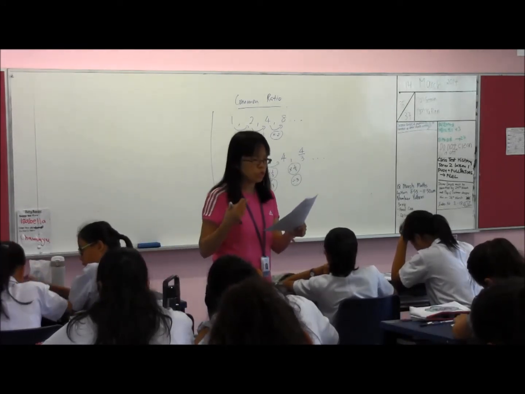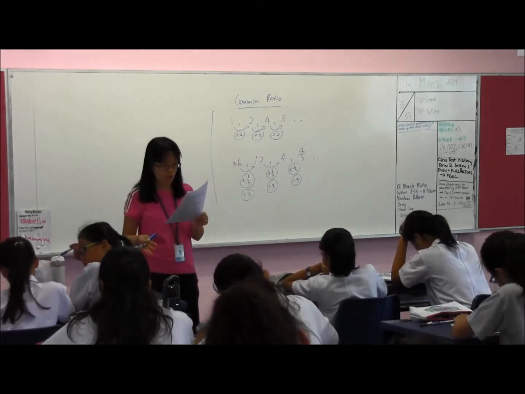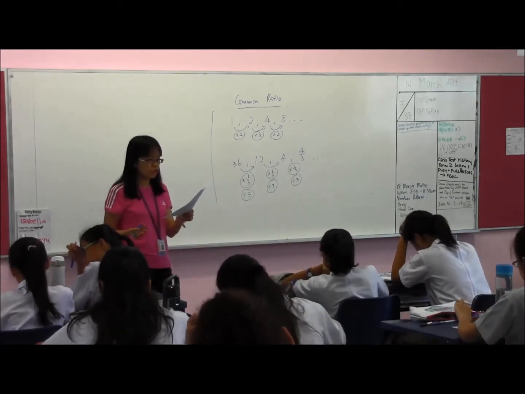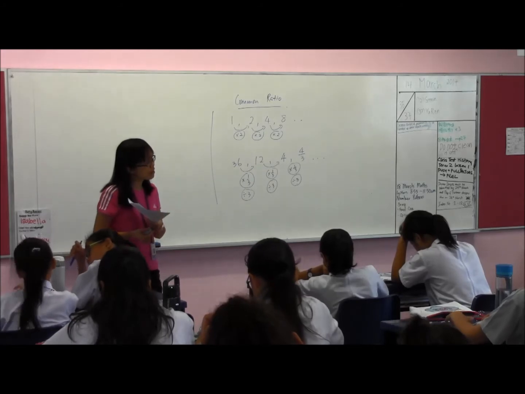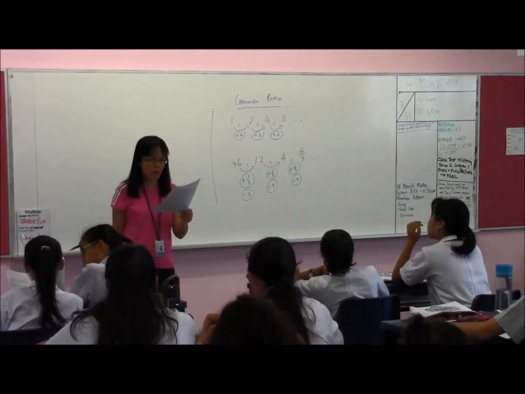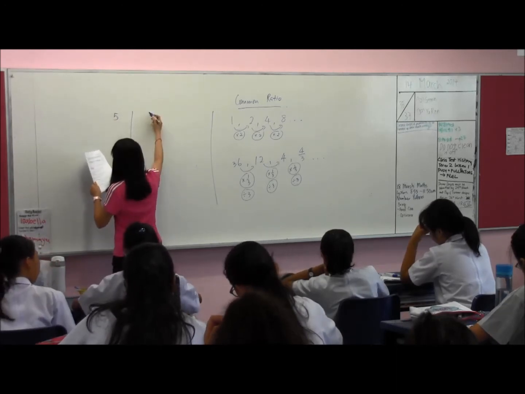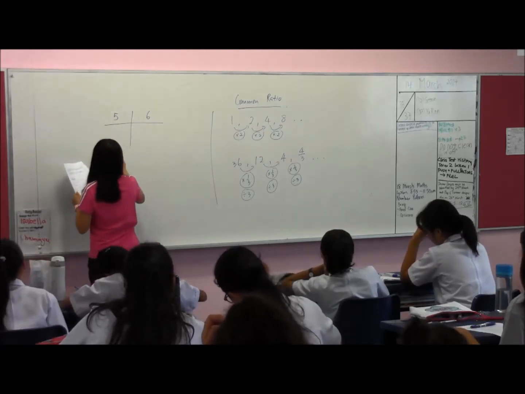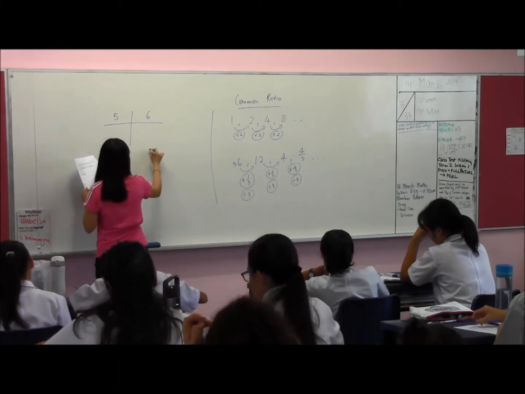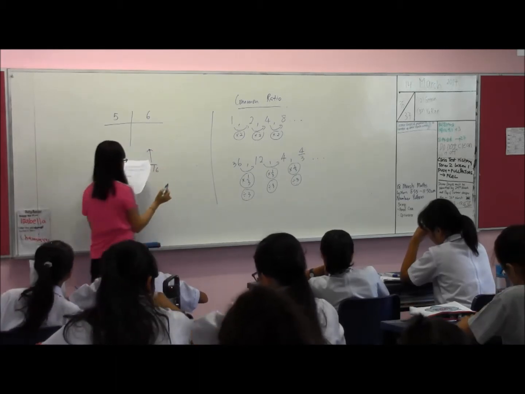When n is 2, T2 is 4. When n is 3, T3 is 9. That's it. So when n is 5 and 6, you need to find out what your T5 and your T6 are.